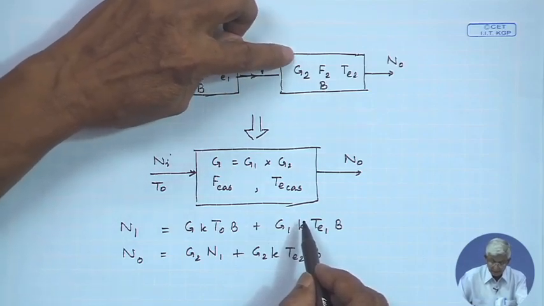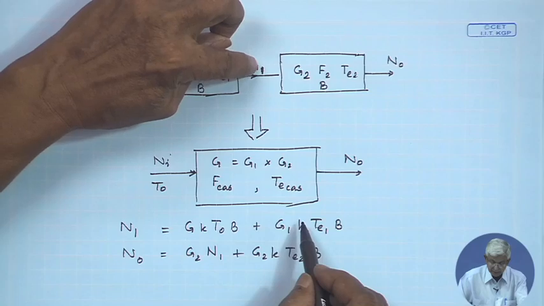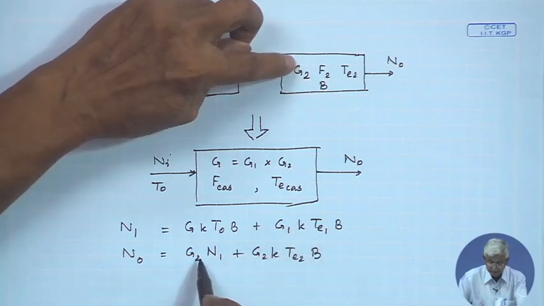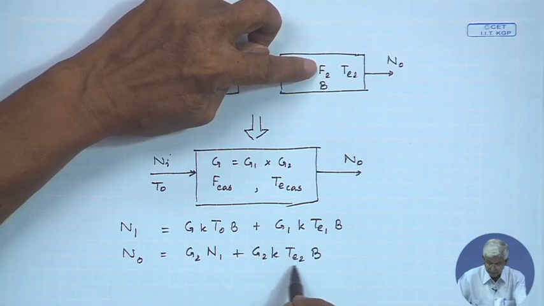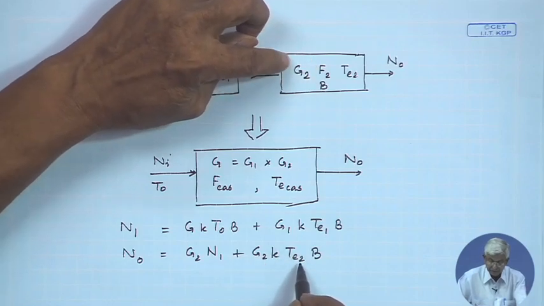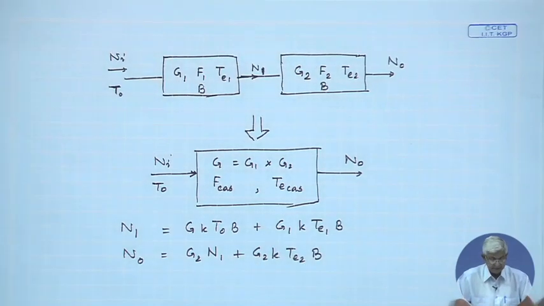The output of the second stage is the input from the first stage multiplied by the gain of the second stage, and its own noise power generated based on its own noise temperature TE2.